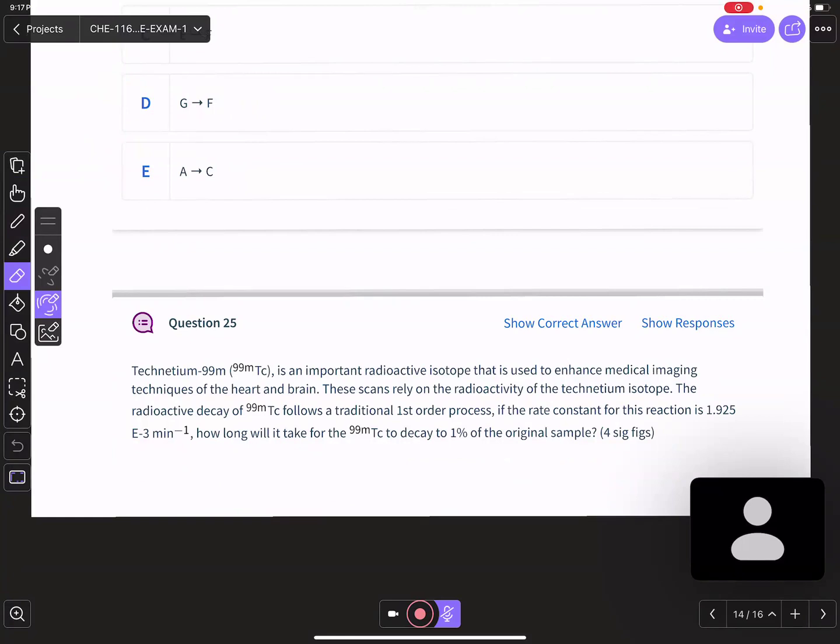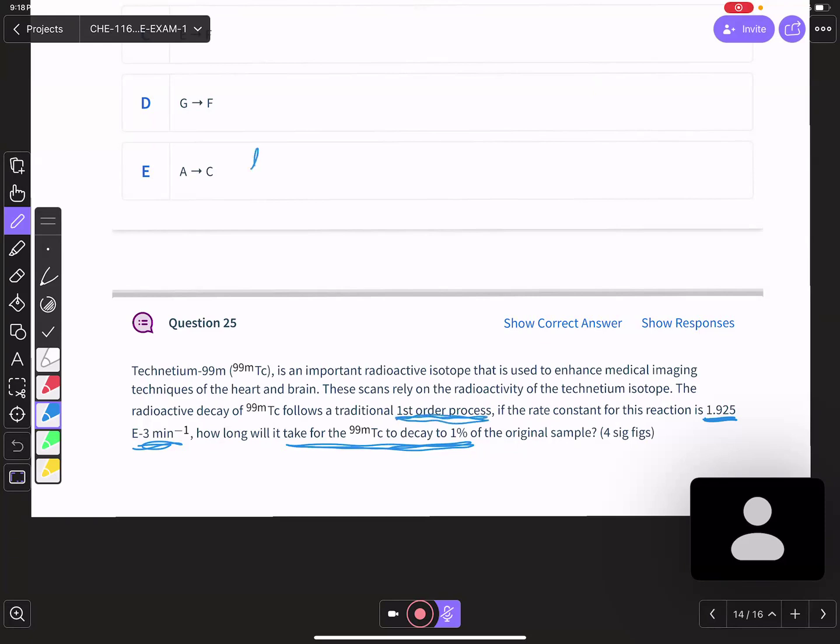Here, we actually have to calculate it. They tell us the rate constant for the reaction. How long will it take for the technetium to decay to 1% of its original activity? And somewhere in here, they should tell us that it is first order. Yeah, so it's first order.